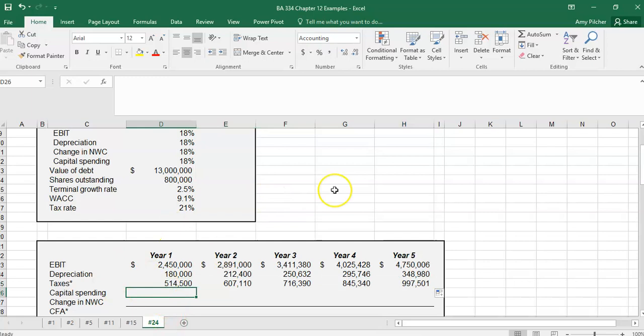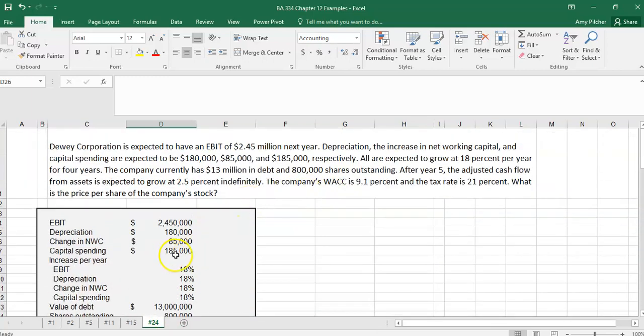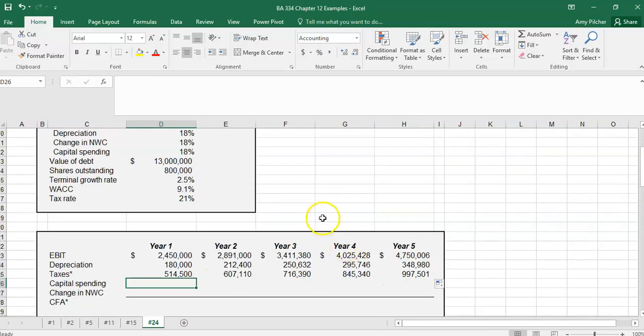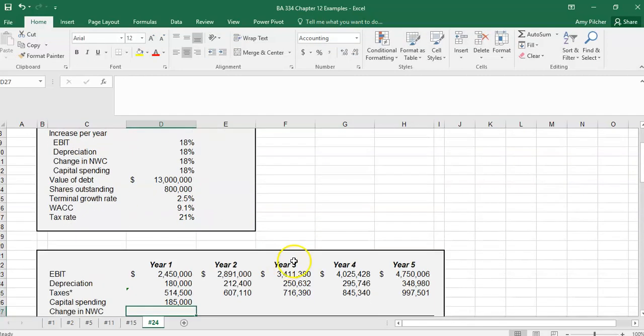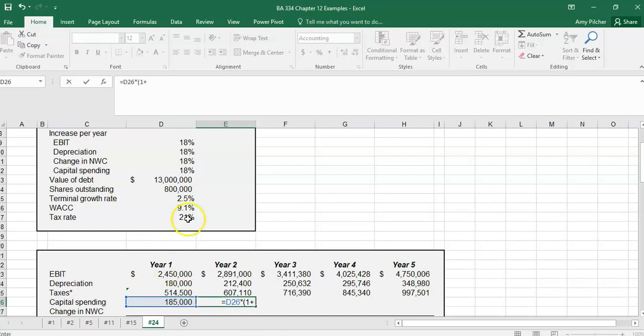Then we have capital spending. So capital spending in year 1 is going to be 185,000. And then that's going to increase by 18% every year. So 1 plus our increase in capital spending.